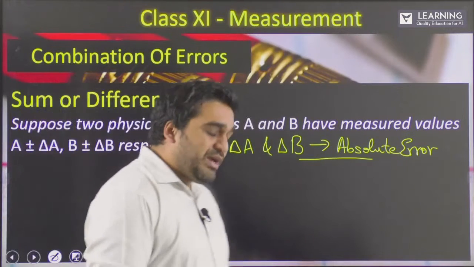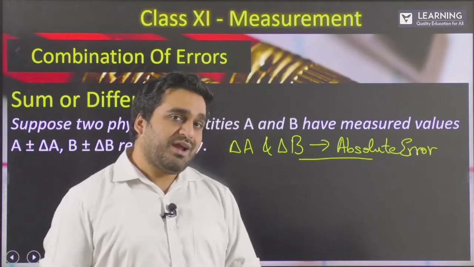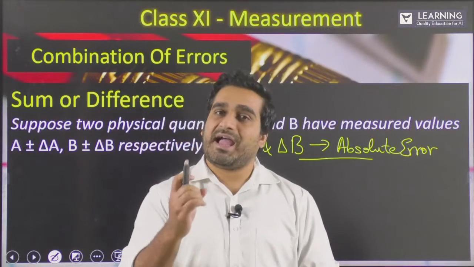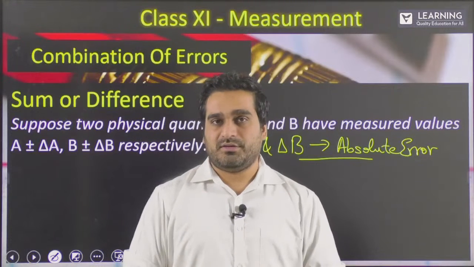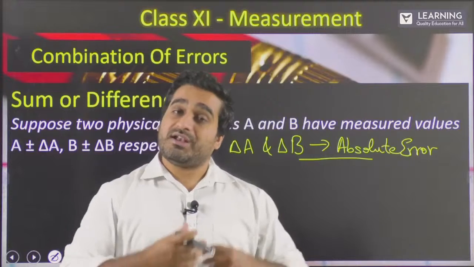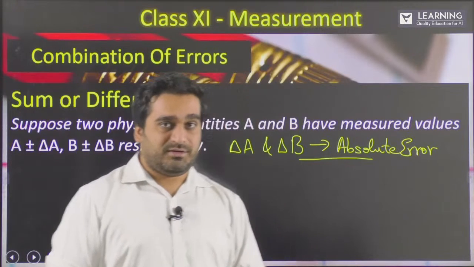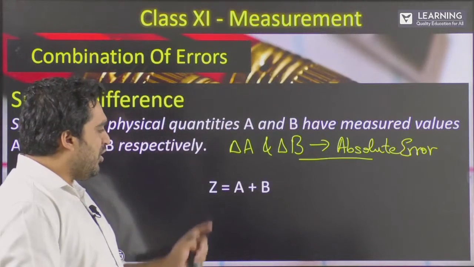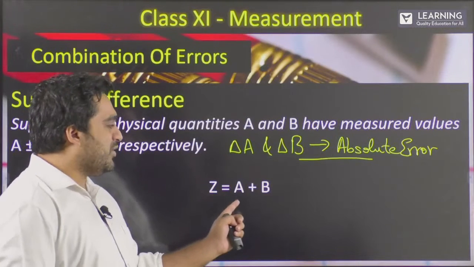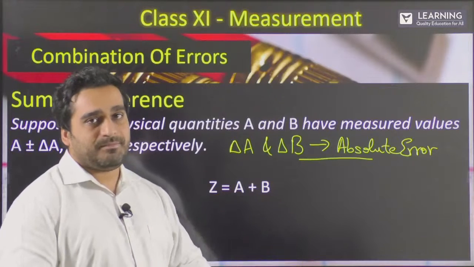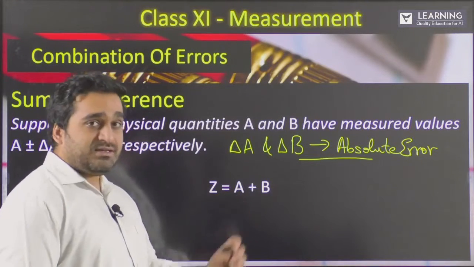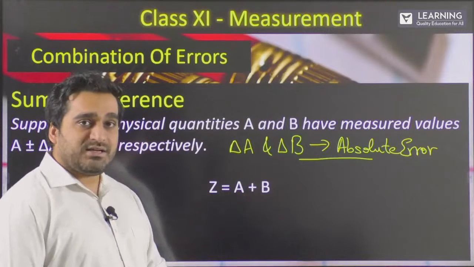Now, since we are trying to add or subtract these two quantities, let us stick to the first part, which is adding the two physical quantities. When you add two physical quantities, you get a new quantity in return. So let us call that new quantity Z, where Z equals A plus B. Now what we know is that A has a certain error, B also has a certain error.